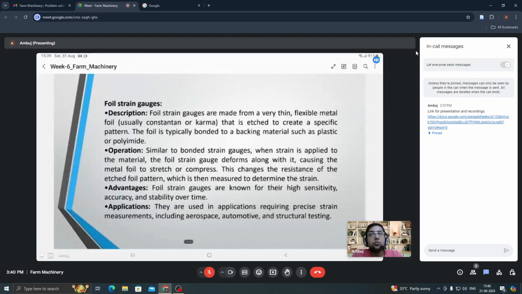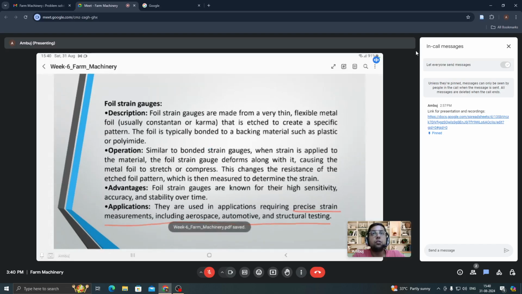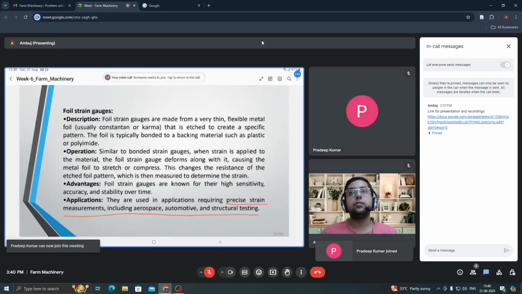Description and operation I have already explained to you. Then the same regarding foil strain gauges. The application is precise strain measurement, including aerospace, automotive, and structural testing. Foil strain gauges are made of a very thin, flexible metal foil, constantan or similar.